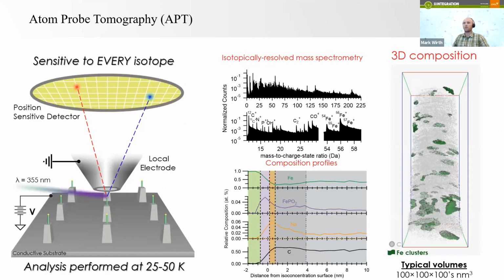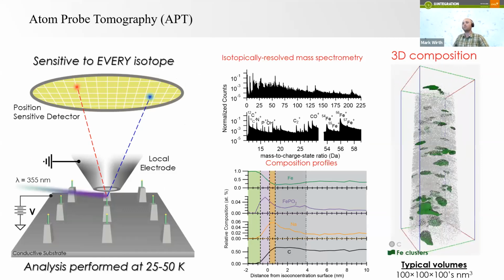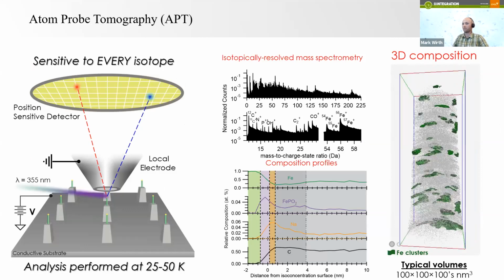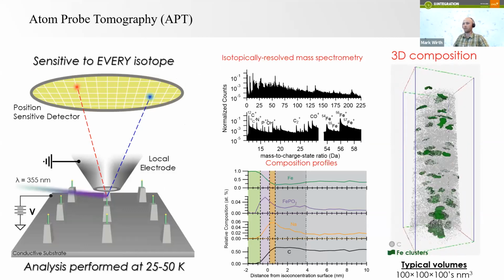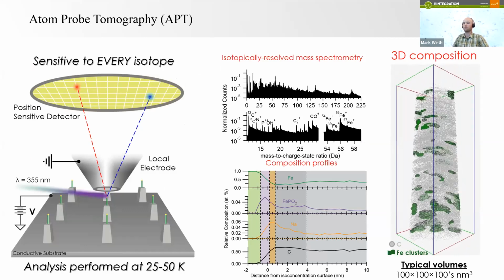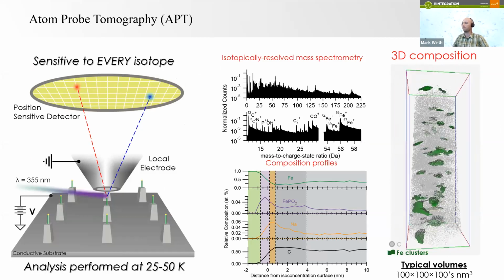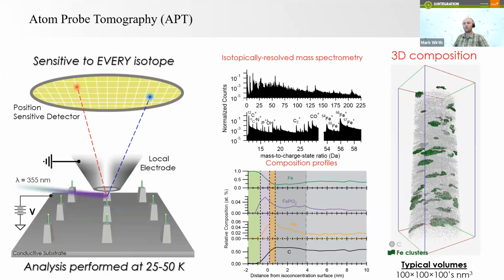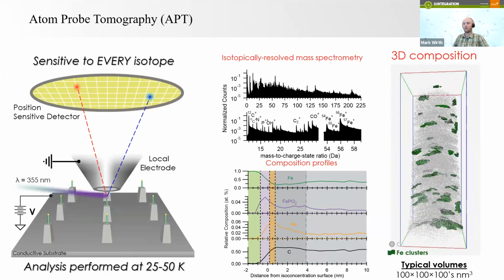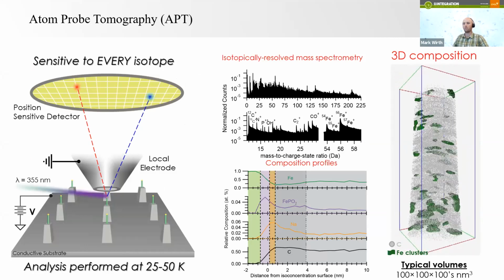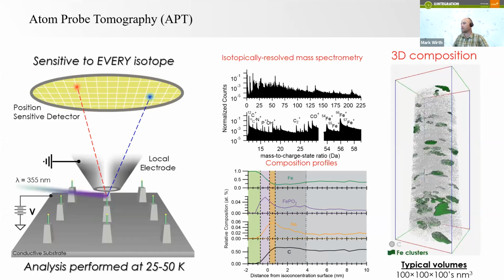So I presume the first question on a lot of people's minds is what the heck is APT? APT is a technique in which the sample is sharpened to a needle, a sharp needle with a tip radius typically less than 100 nanometers. We apply high electric fields to the needle and pulse it with a laser.